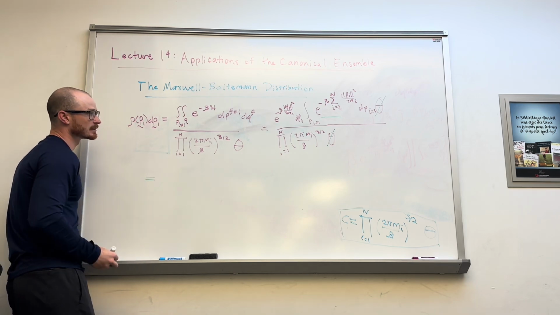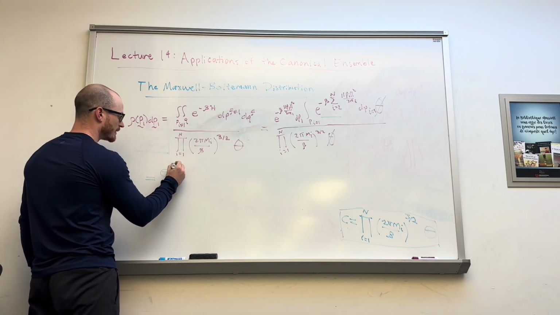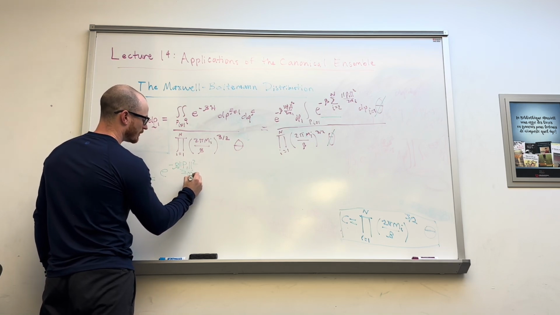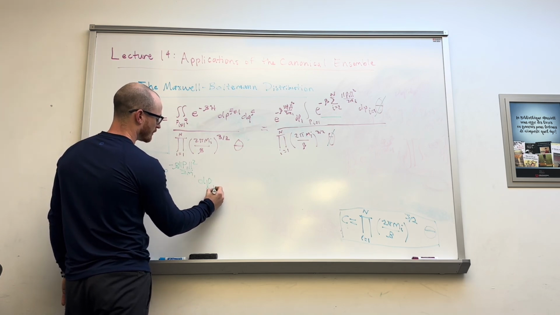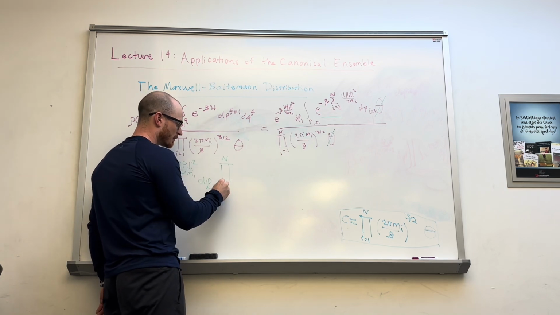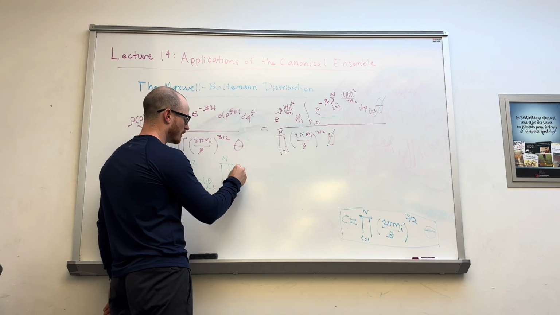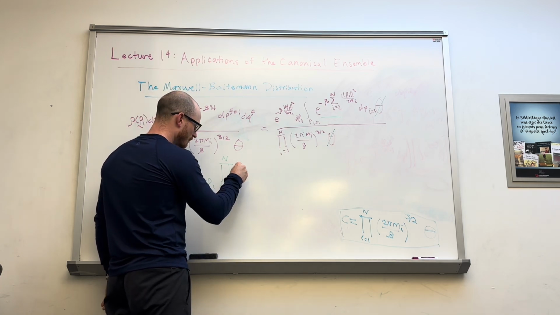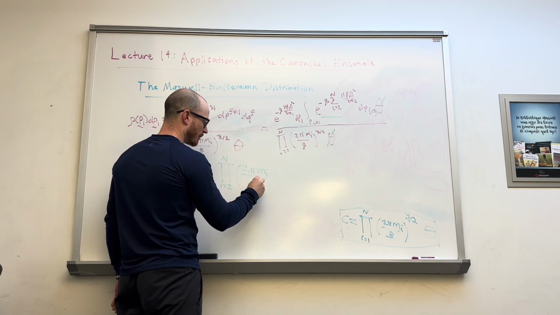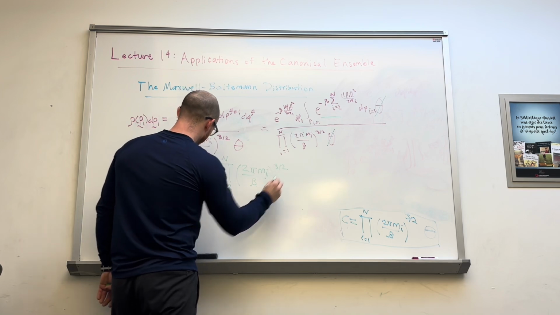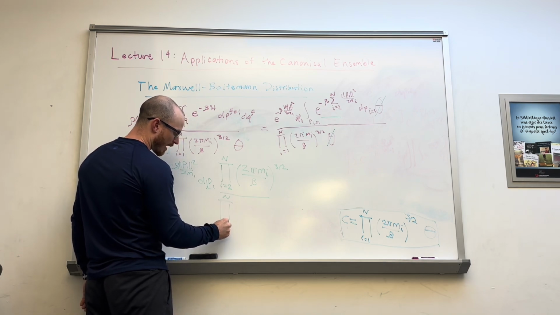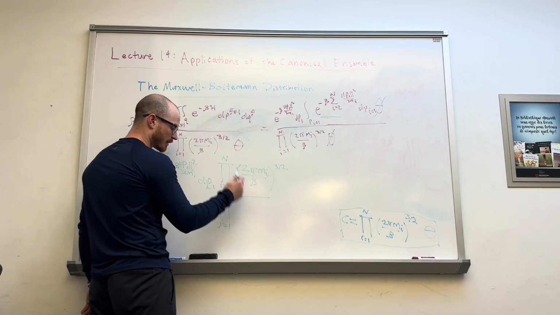So fully simplifying this expression out, we get e to the minus beta p1 squared over 2m1 dp1 times a product from i equals 2 to n of this same value here, (2 pi mi over beta) to the 3/2, divided by the same product, but now we'll have the indexes go from 1 to n rather than 2 to n.